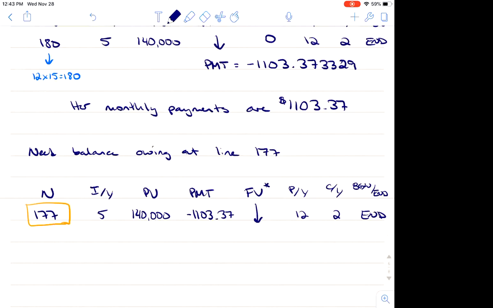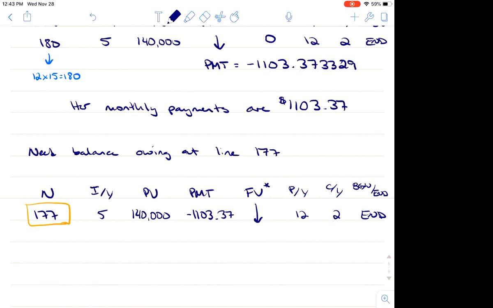I don't have the payment stored in there. 5, interest per year. I'll just start over. Present value of 140,000. 1103.37 negative, it's my payment amount. I'll put 0 in for future value now, and payments per year is 12. Just checking. Compoundings per year is 2.